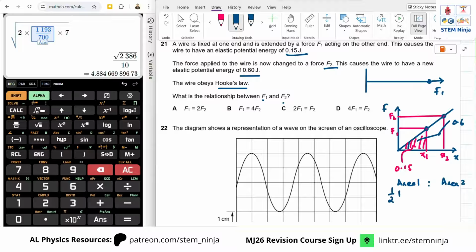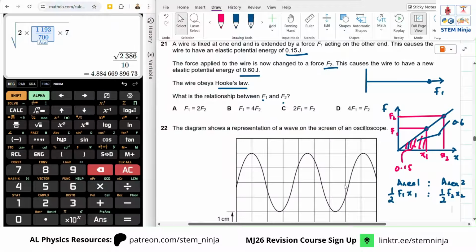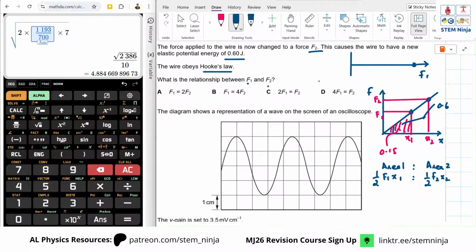So half F1 x1, and this is half F2 x2. We don't know anything about the x2. We only know about the area. So this is 0.15 ratio 0.6 joules.